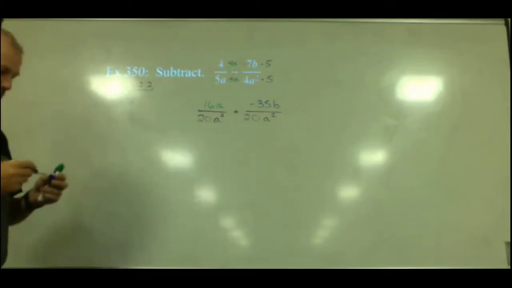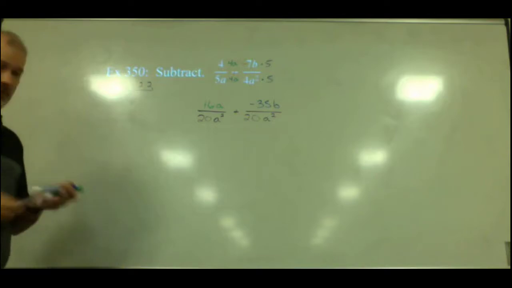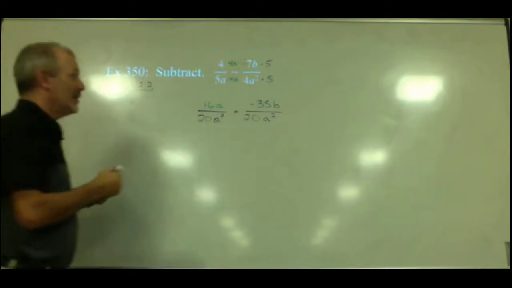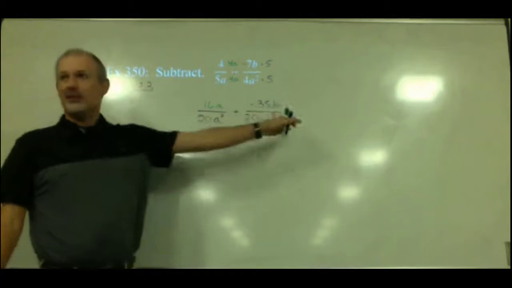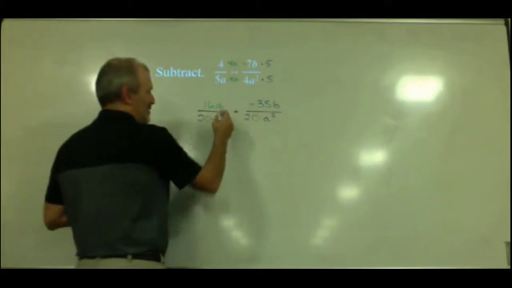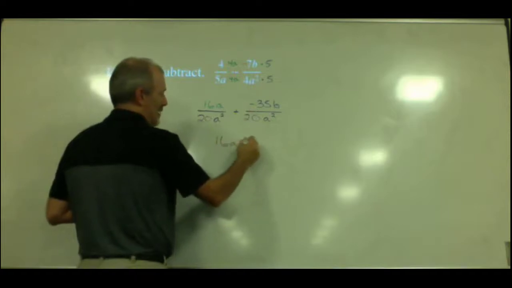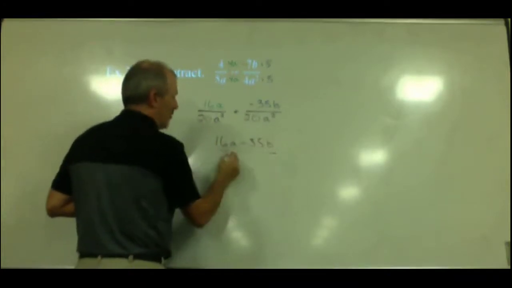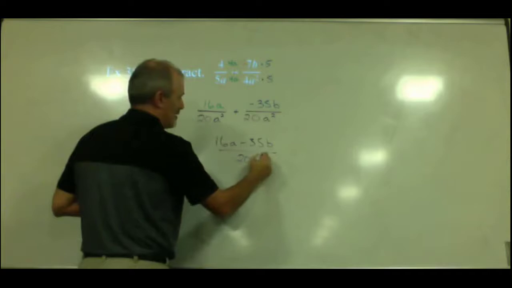Okay. And then once they have a common denominator, we add the like terms. Do we have any like terms that we can add? And the answer is no. So we just write 16a minus 35b over 20a squared.